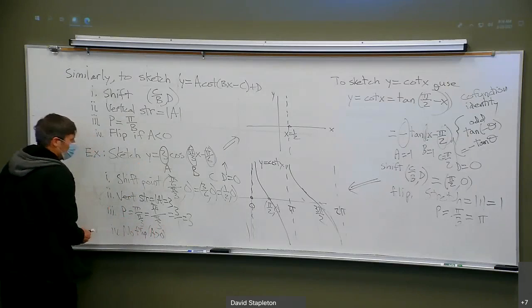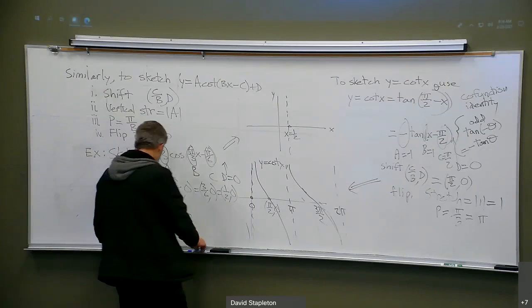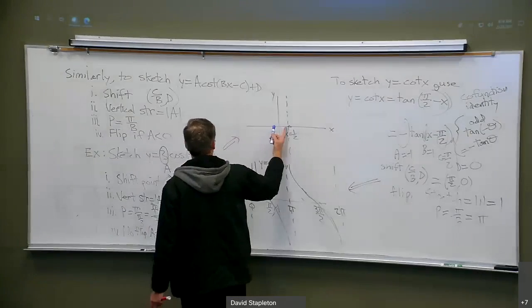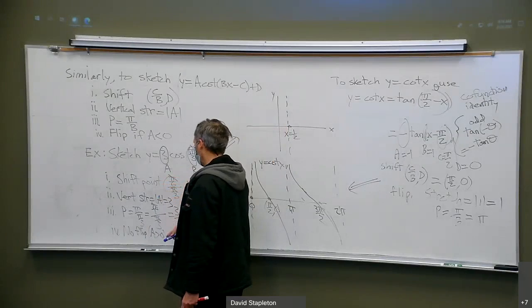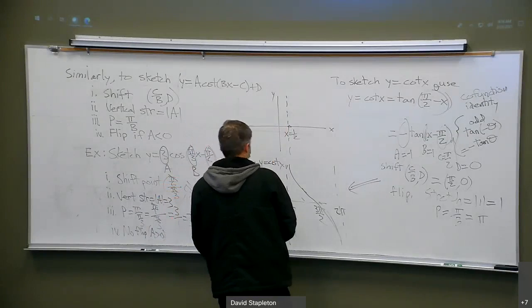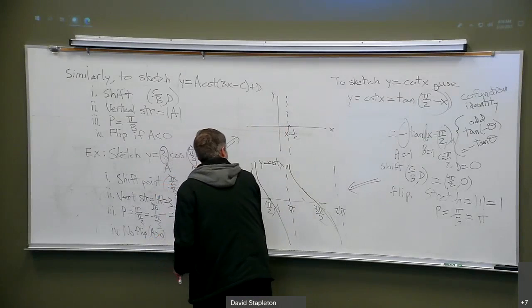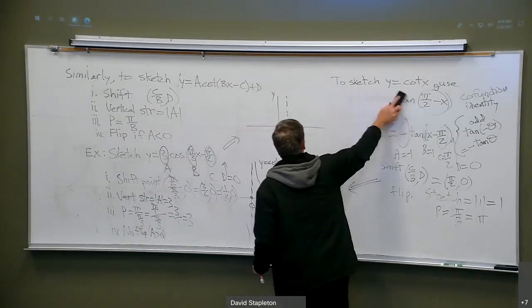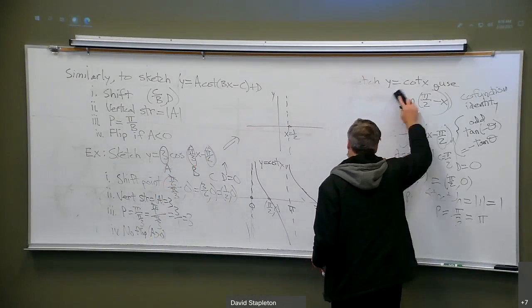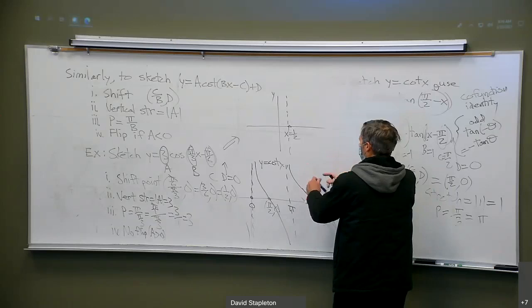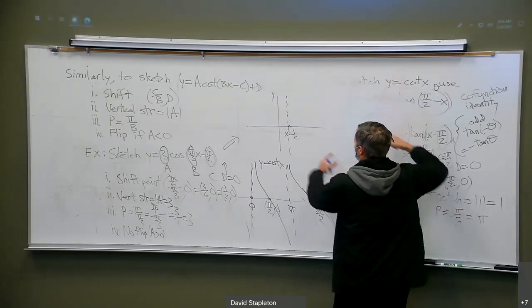I can graph it exactly now, right? I have one asymptote because of the shift point. The period is 3, so I just move over 3 units and draw another one of these. I need some more room. So I'm taking this graph and sliding it over and stretching it, right?